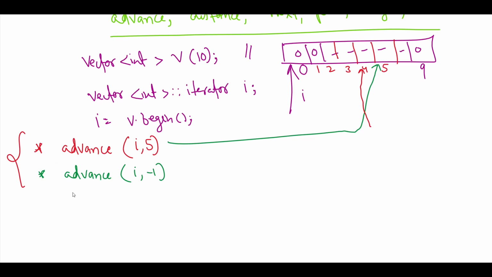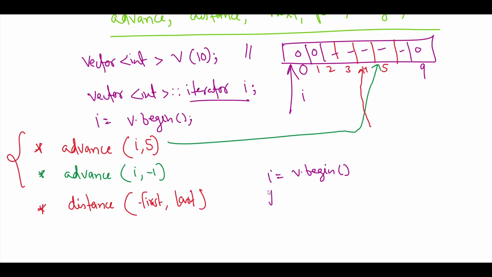Other than this, there is another function called distance. So it's going to return the number of elements, or we can say the distance between the first and the last iterator. So it has two iterators, one is first and one is last. So we can do something like this, like I equal to v dot begin. Here I is an iterator like this, and similarly we have another iterator which is j.